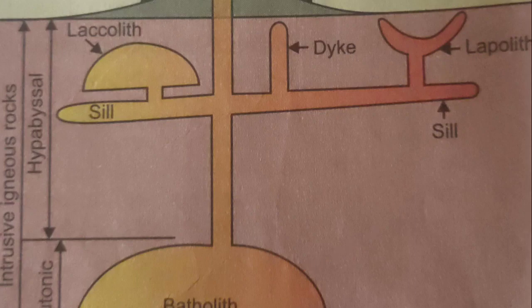Now, plutonic rocks are termed so. Rocks below the surface of the earth but above the plutonic rocks are termed hypabyssal rock. Examples like dike, sill, laccolith, lapolith are some of the examples of hypabyssal rocks.